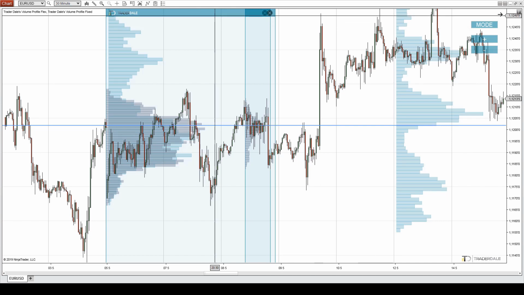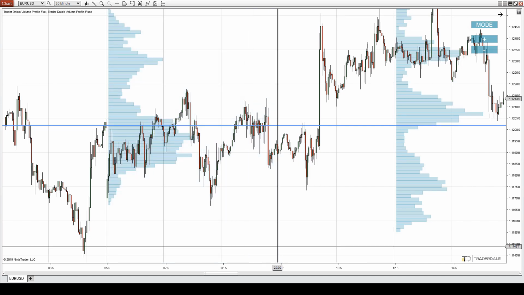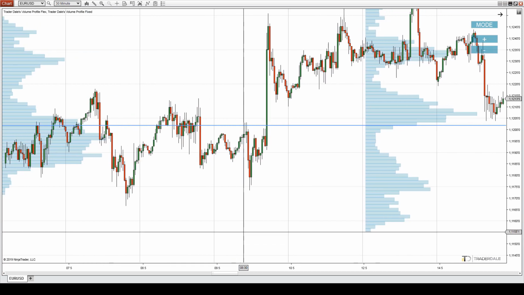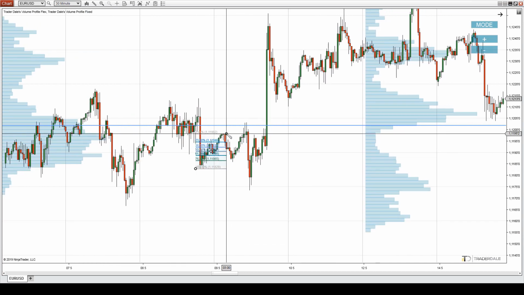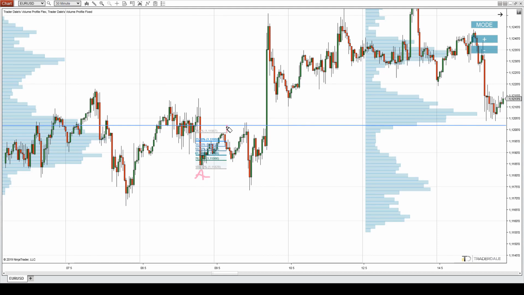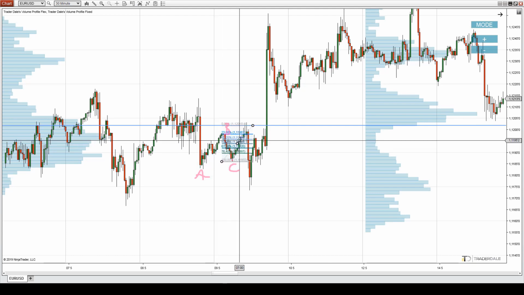By the way, I also see the ABCD setup in here. Let me show you. This is AB. This is C. From C, you have the D right at the level.